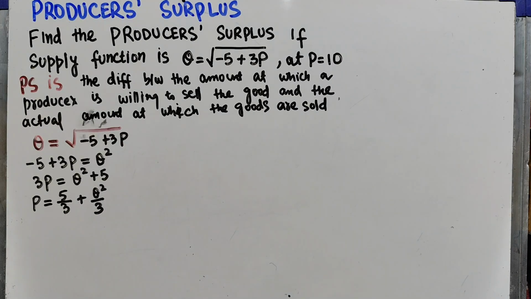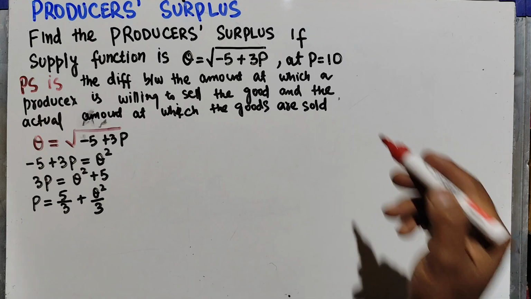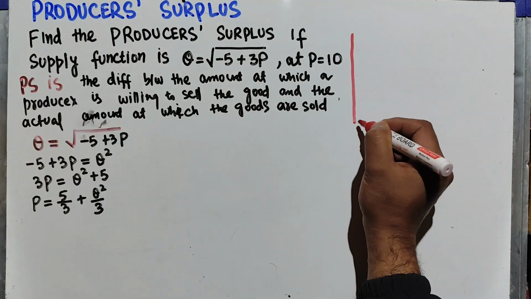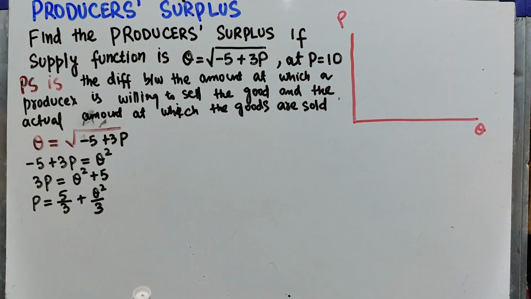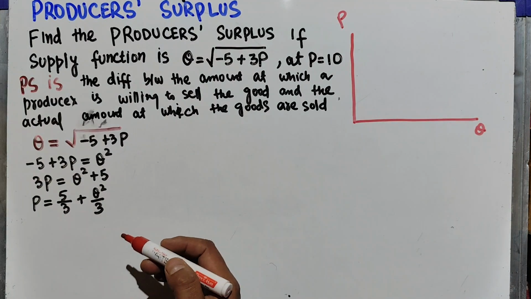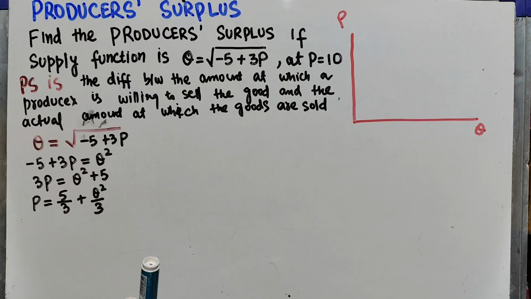Let me draw it on the graph to make things simple. If we have output on the horizontal axis and price on the vertical axis, we have this inverse supply function, and it looks like this.